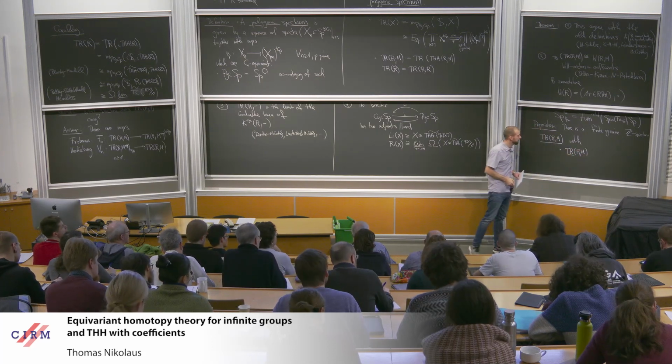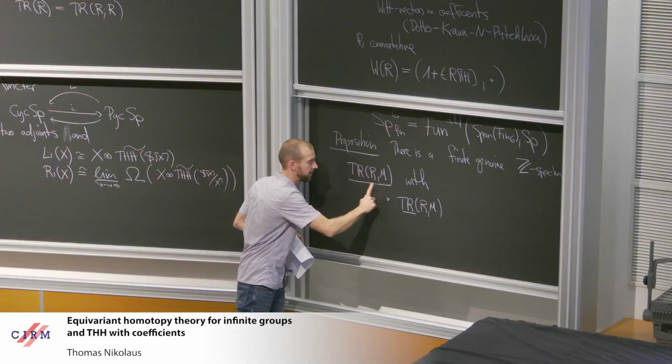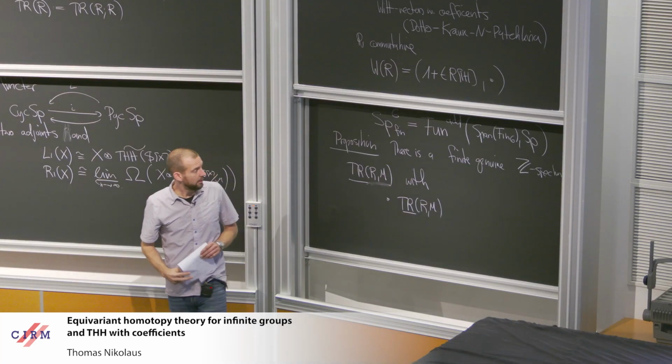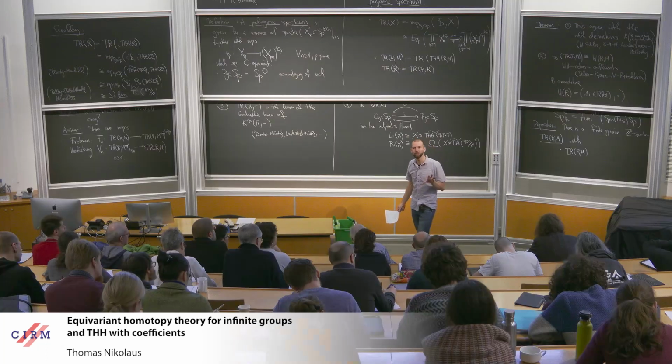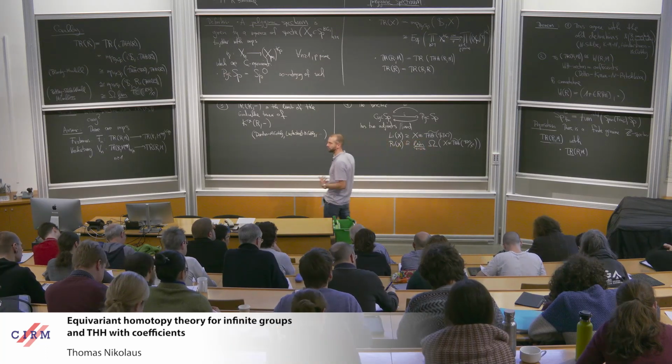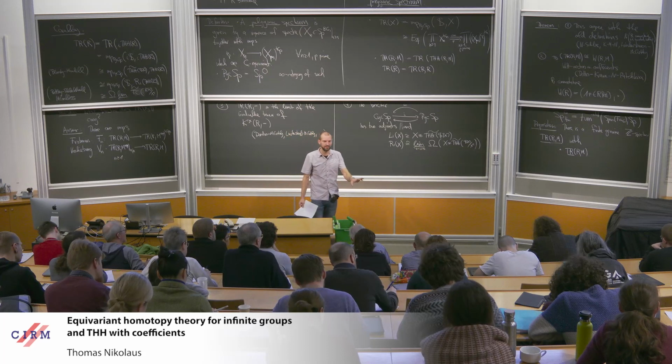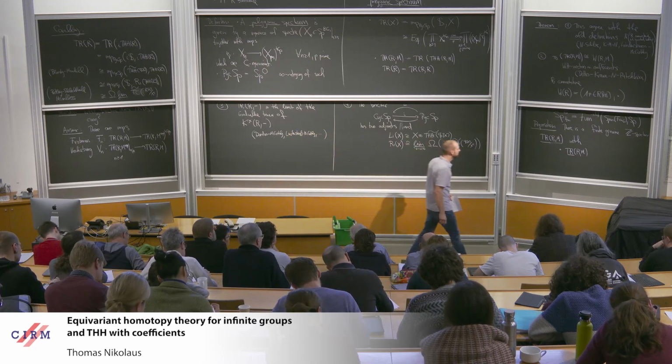So what fixed points am I allowed to take? If I have one of those, I'm allowed to take fixed points with respect to all cofinite subgroups of the integers. These are, of course, all nZ for n greater than or equal to 1.